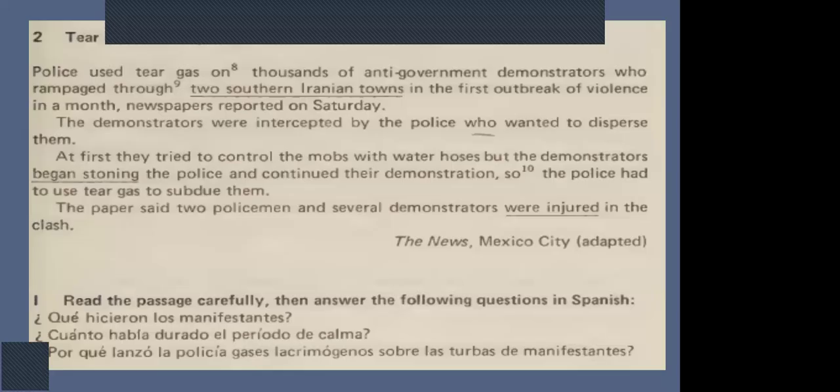All right. And the third one? Usaron gases lacrimógenos debido a que los manifestantes tiraron piedras.